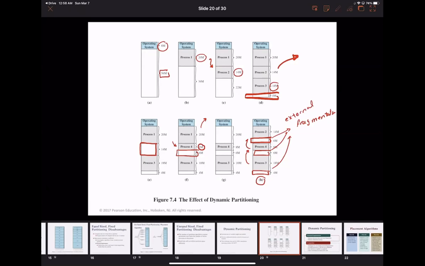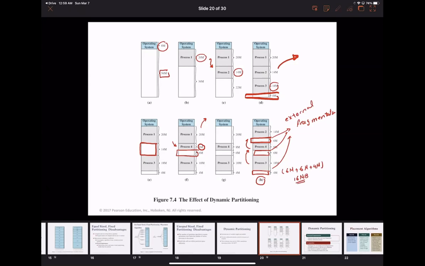So at the end, instead of 4 megabytes, we will have the 6 megabytes added to another 6 megabytes, and then the 4 megabytes. So instead of having 3 blocks of different sizes, we will have a big 16 megabyte block that would fit an incoming process.